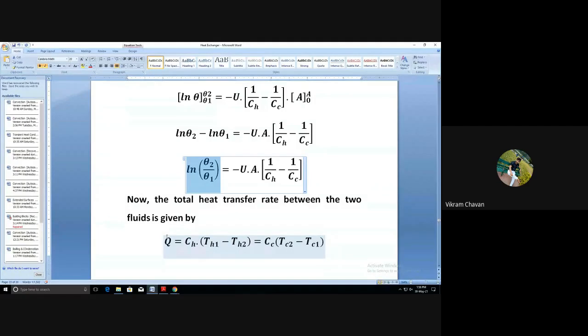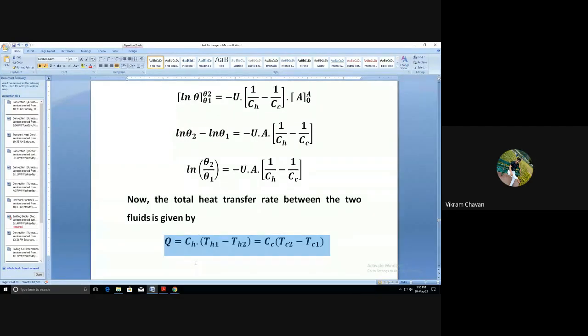We know that m dot h multiplied by Cph is nothing but Ch, and m dot c multiplied by Cpc is nothing but Cc. So we directly consider that Q is equal to Ch multiplied by (Th1 minus Th2), which is equal to Cc multiplied by (Tc2 minus Tc1).